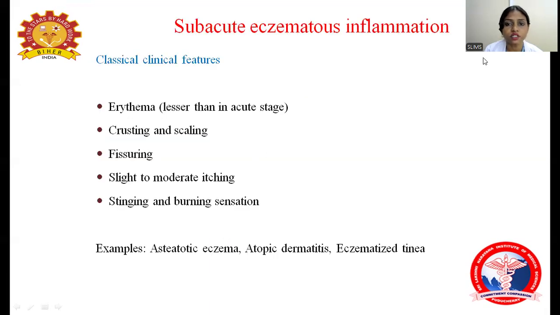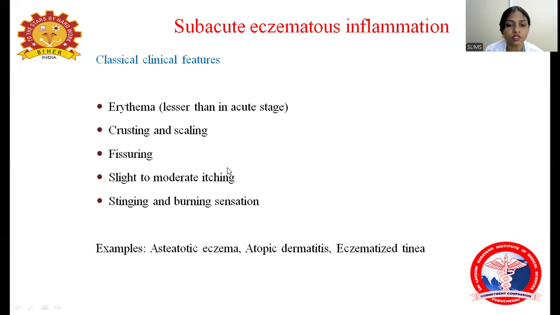Now coming to the second stage, subacute eczematous inflammation. The clinical features are erythema again, but less intense when compared to the acute stage. There can be crusting, scaling, and fissuring. The itching will be minimal to moderate, and there can also be stinging and burning sensation.